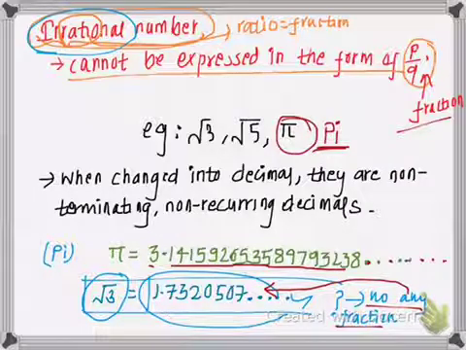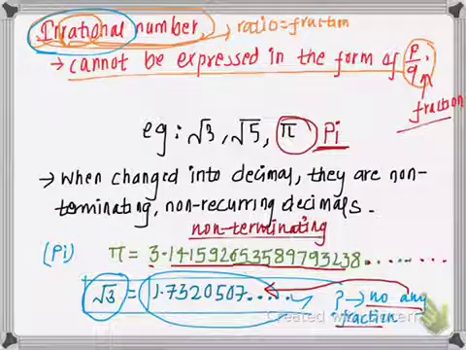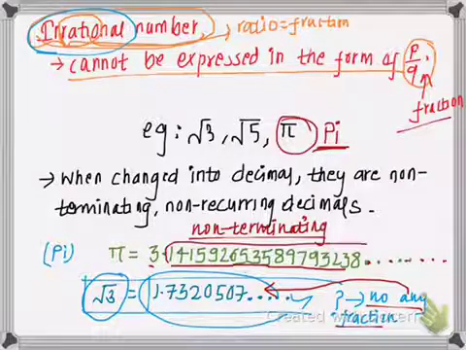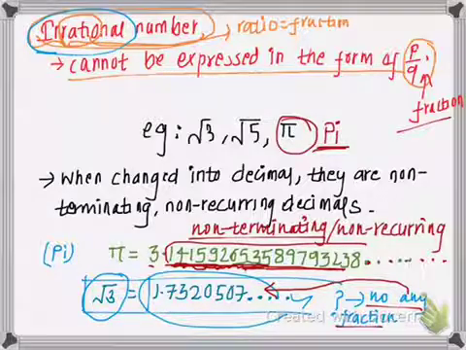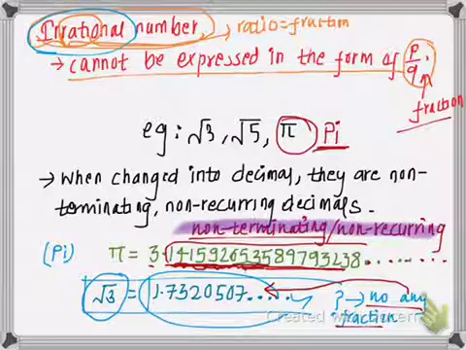So the decimal is non-terminating, and if we look at the pattern, we can see that there is no number that repeats after a certain interval. All the numbers are different from its neighboring number, 141592. There is no recurring number in this decimal. So non-terminating and non-recurring is the property of irrational number.